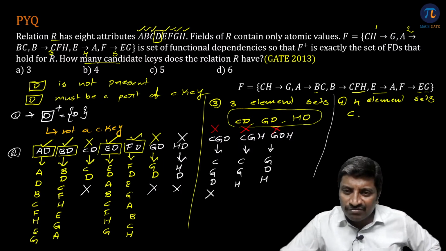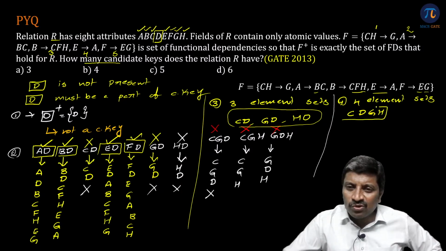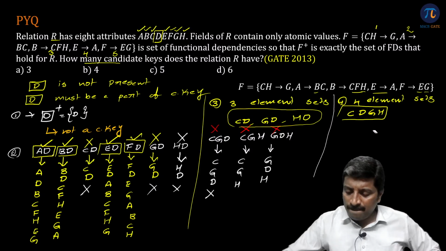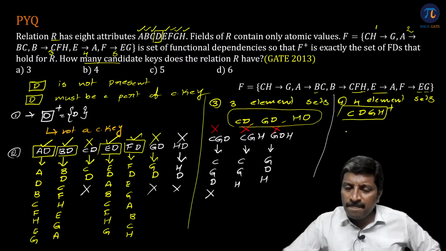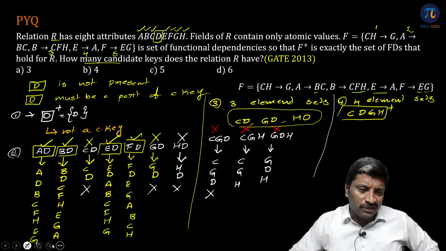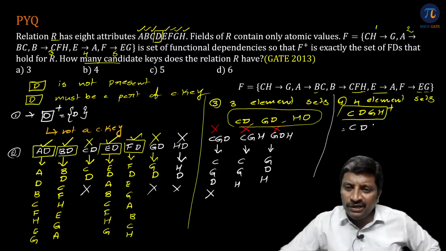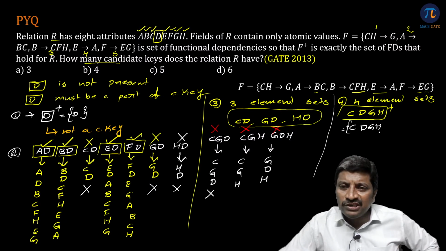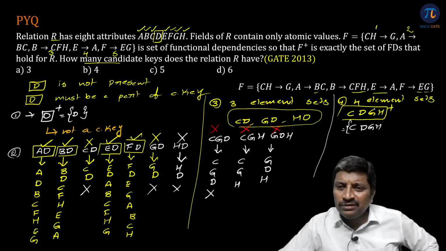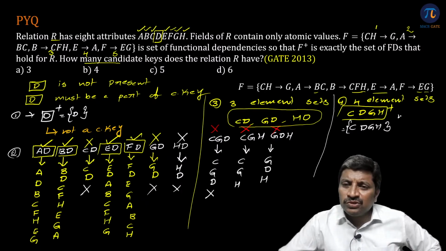So with this, I can form only C, D, G, H. With C, G, D, H, what can you get? C, D, G, H. They are for sure. Then with CH, I can get G. G is already there. Then nothing is possible, sir. So this is also not a candidate key. Hope you understood it.